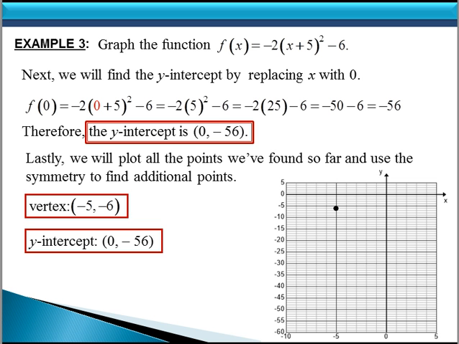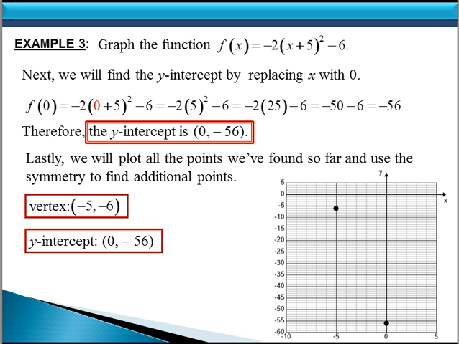So if you think about it, that should make sense here because we're already below the x-axis and our vertex is there. And we know, since the a is negative, that it's opening downward. So if it's opening downward from the vertex, it's not going to be able to cross the x-axis. So that should make perfect sense. So we don't have any x-intercepts, but we can plot the y-intercept, which remember is the point (0, -56).